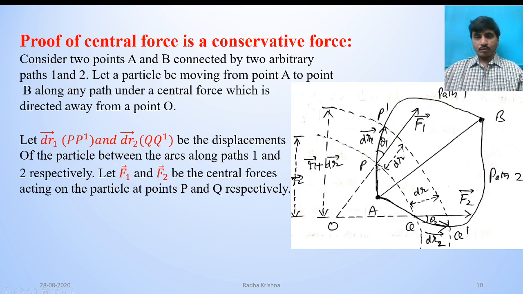In the diagram, Pp dash is equal to dr1 bar and Qq dash is equal to dr2 bar, the displacements of the particle on applying central forces F1 bar and F2 bar respectively.